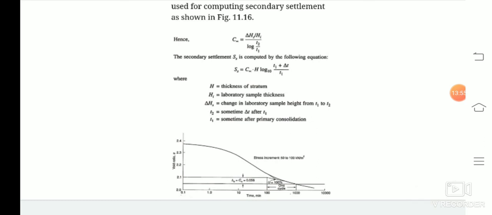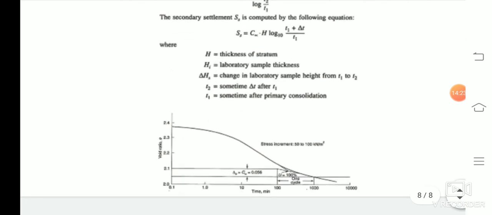The secondary settlement is given by C alpha into H log10 of (t1 plus delta t) by t1, where H is the total thickness of the stratum and Hf is the laboratory sample thickness. Delta H is the change in height of the sample from t1 to t2, and t1 and t2 are the time elapsed, and t1 is some time after primary consolidation.